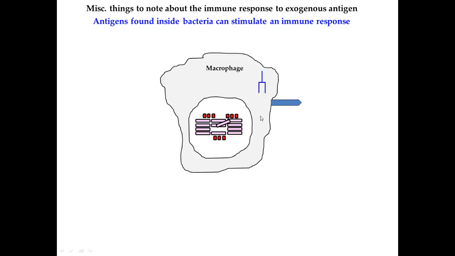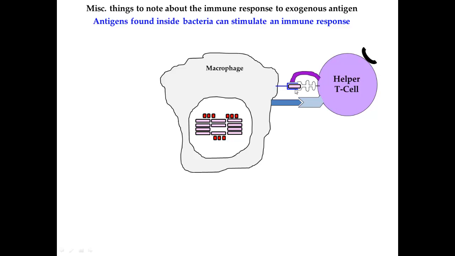Sometimes what can happen is MHC2 will load up an intracellular piece and display it on the surface to helper T cells. So in this way, these intracellular antigens are capable of activating helper T cells. The reason why this can happen is because bacteria are digested, in this example by a macrophage, before they're presented to a helper T cell.